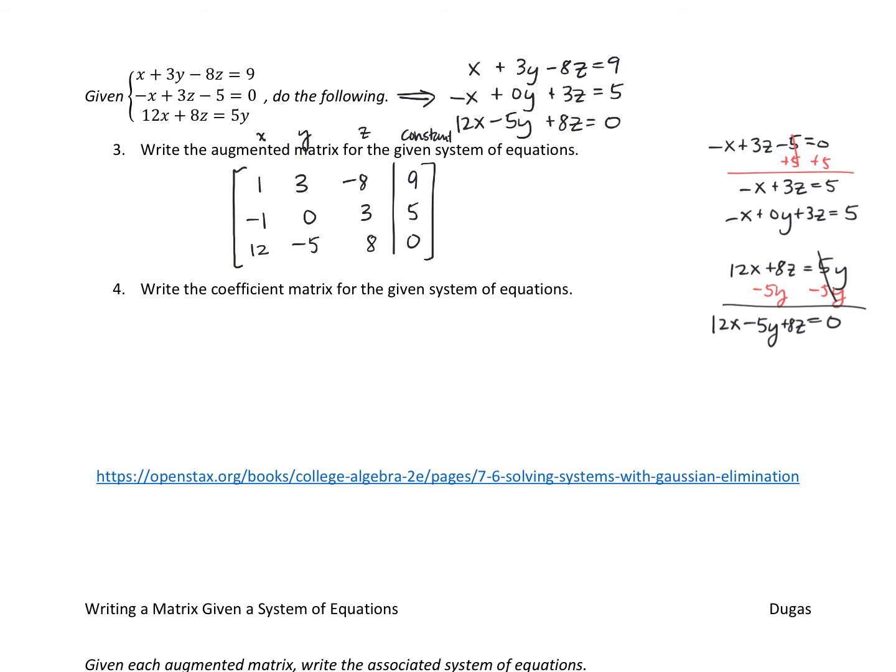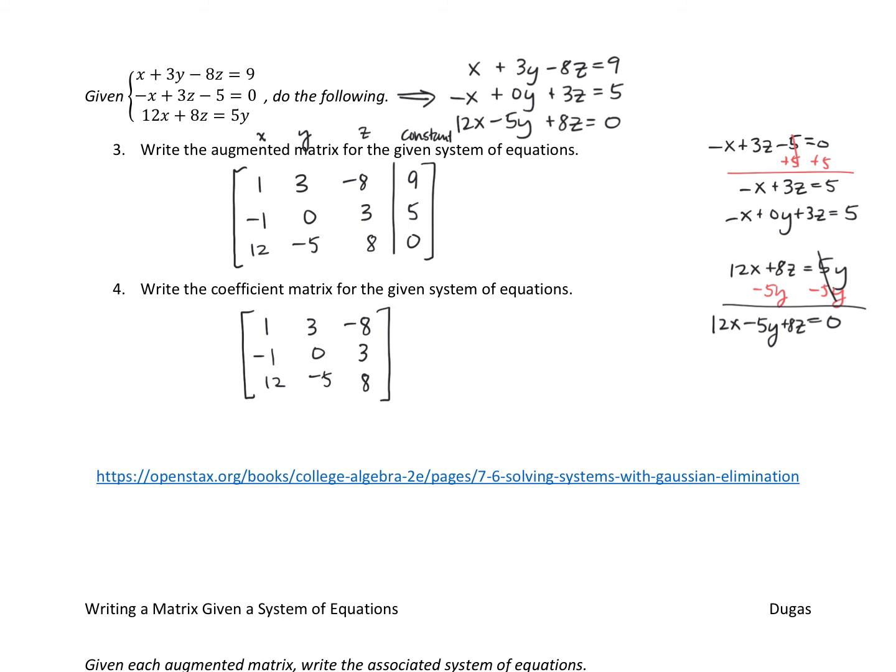Okay, so an augmented matrix or a coefficient matrix. The coefficient matrix, remember, is just the left-hand side, or the coefficients of the variables. So that would be 1, 3, negative 8, negative 1, 0, 3, and then 12, negative 5, 8.